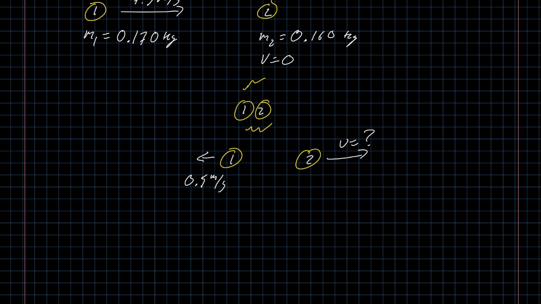We can do this following conservation of momentum. I'm going to go ahead and write down M1 is 0.170 kilograms. M2 is 0.160 kilograms. V10, the velocity of ball 1 initially, is 7.5 meters per second.